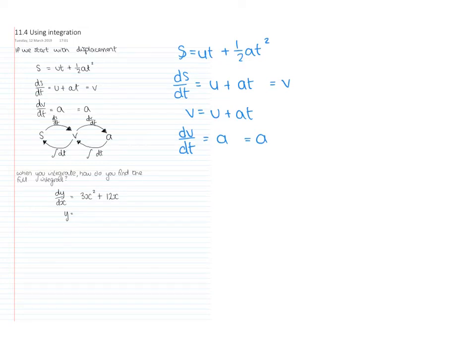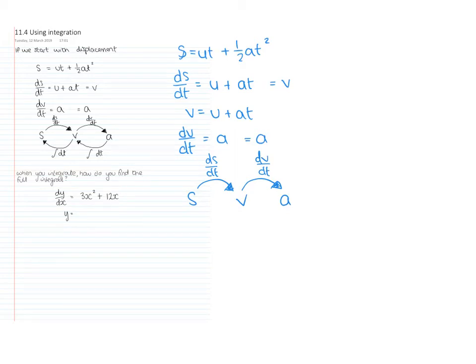Okay, and that leads us to this little chart here, which says that to get from s, so displacement, to velocity, you differentiate with respect to time, and to get from velocity to acceleration, you differentiate with respect to time.